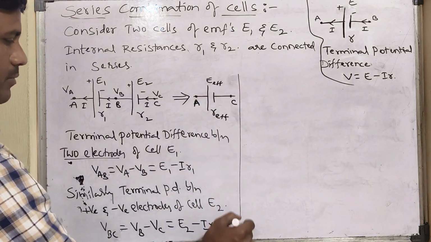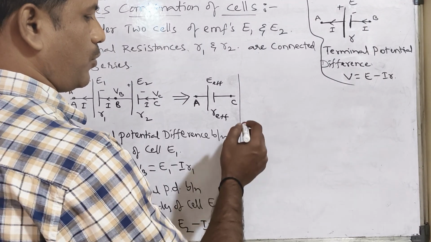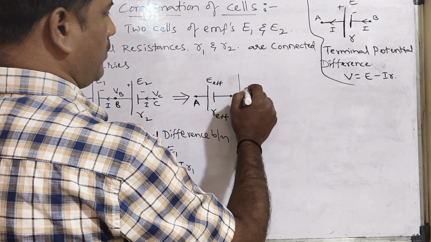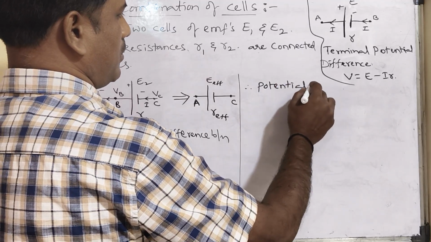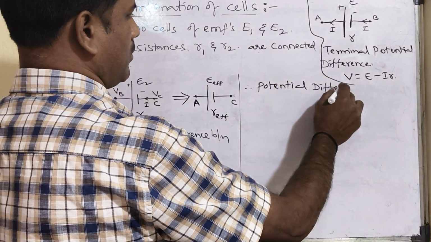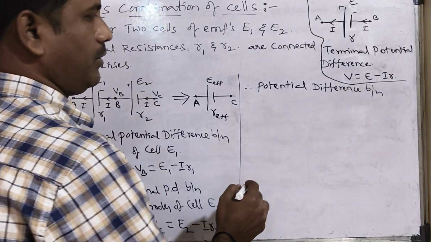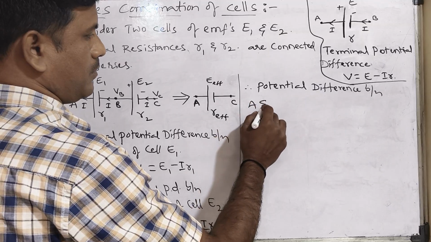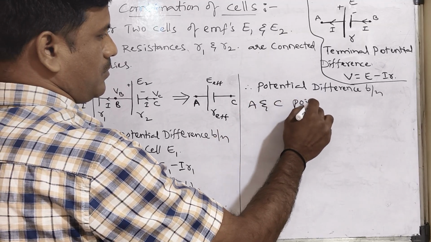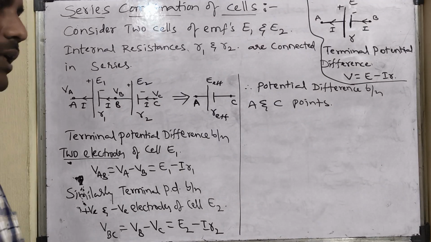Now the total potential difference between points A and C gives the effective EMF and effective internal resistance.